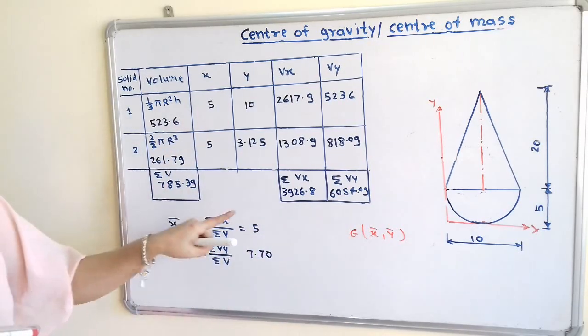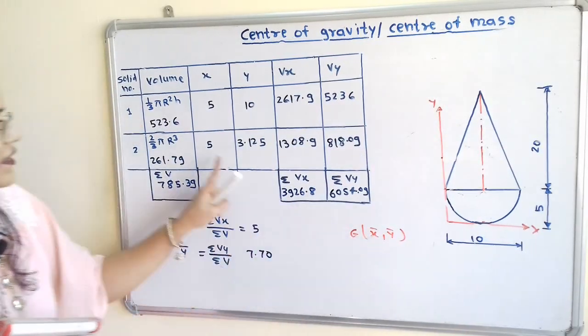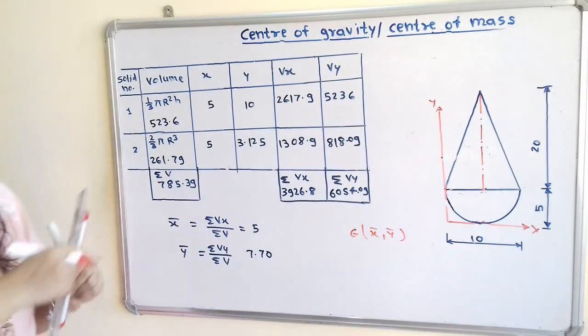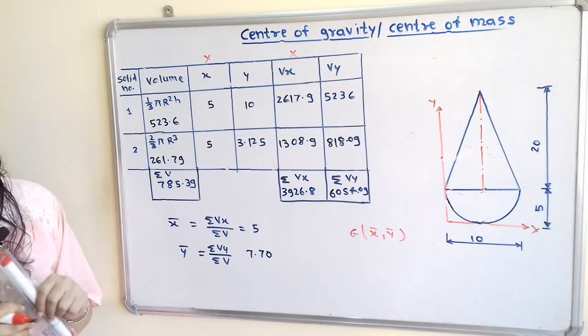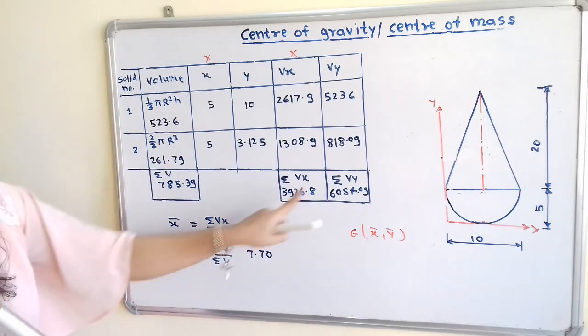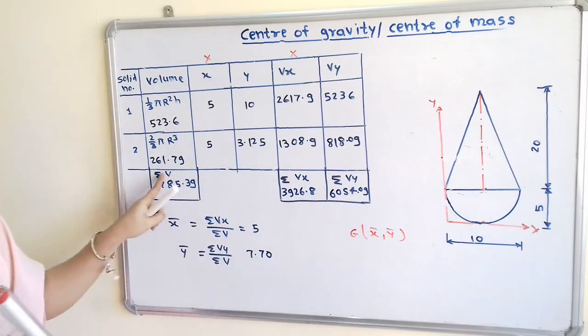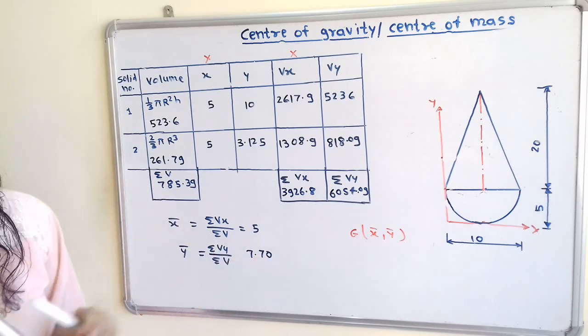We can directly write, due to the symmetry of the given bodies, x bar is equal to 5. So these columns are not necessary to calculate. How to calculate y bar? y bar is equal to summation of Vy divided by summation of V, which is equal to 7.70.